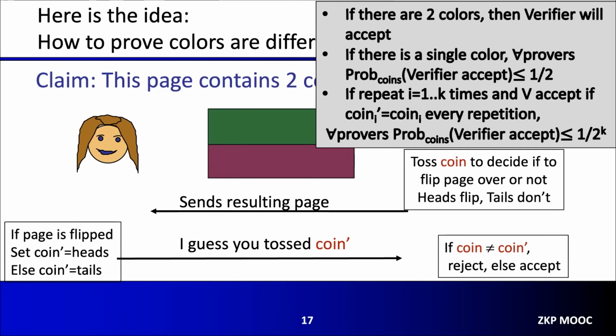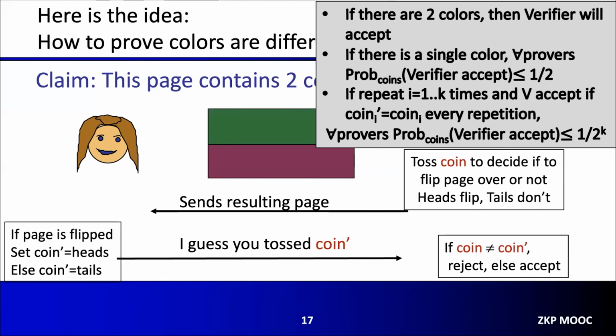There's a gap between them, but you may not like these odds. Say, what? I'm going to accept incorrect claims with probability 1/2. No worries. You can repeat this process again and again. Each time the verifier tosses a new coin, decides whether to flip or not, sends the result, and so forth.